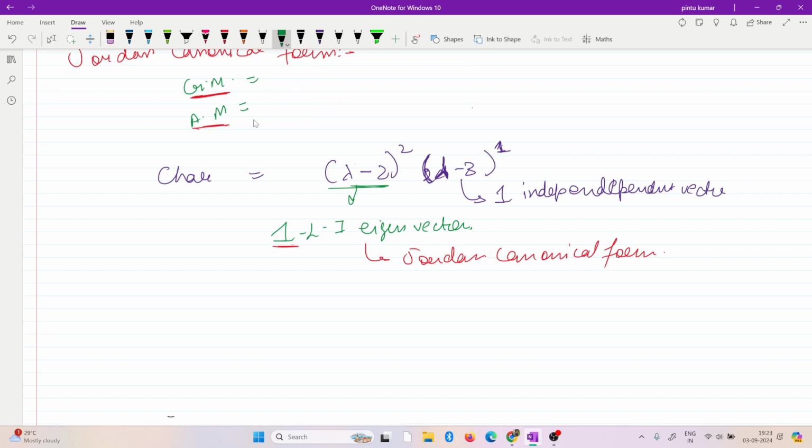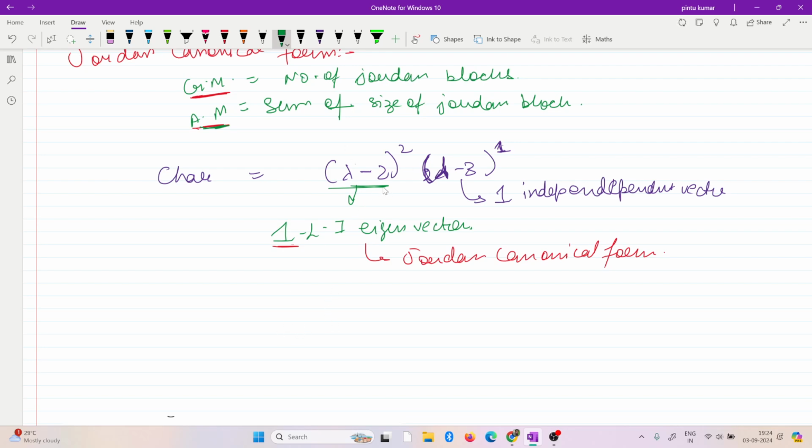Algebraic multiplicity gives you the sum of the sizes of the Jordan blocks, and geometric multiplicity gives you the number of Jordan blocks.